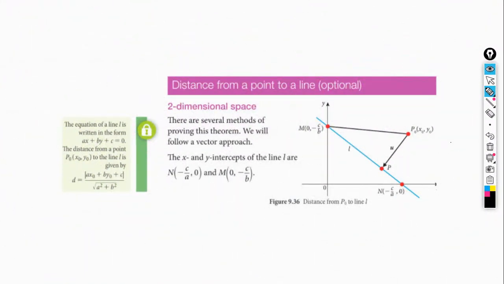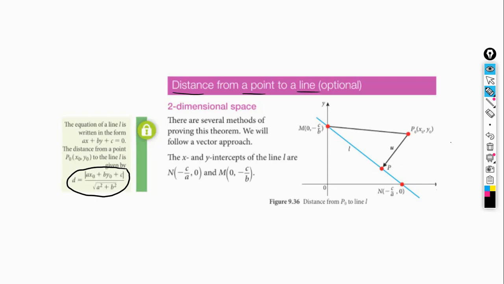So the next topic in this section is distance from a point to a line. Now, I don't know if you guys recall, but last year we did a proof that resulted in this expression. This is in a Cartesian plane, which is 2 dimensions.